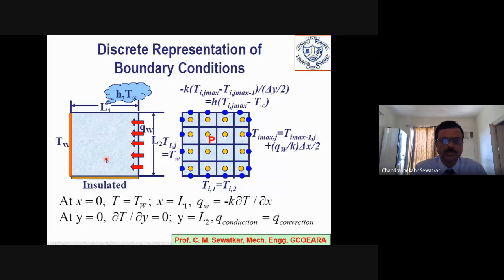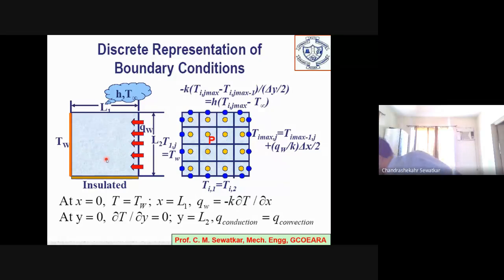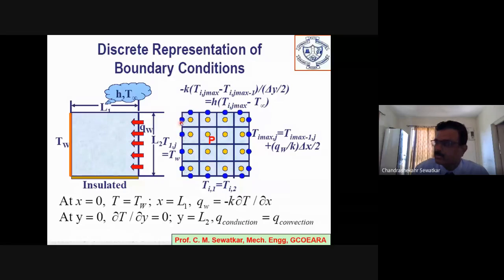Let me clarify one thing, and you should remember this forever: boundary conditions are finally required in terms of temperature only. So you must know temperatures at these points, the blue points.